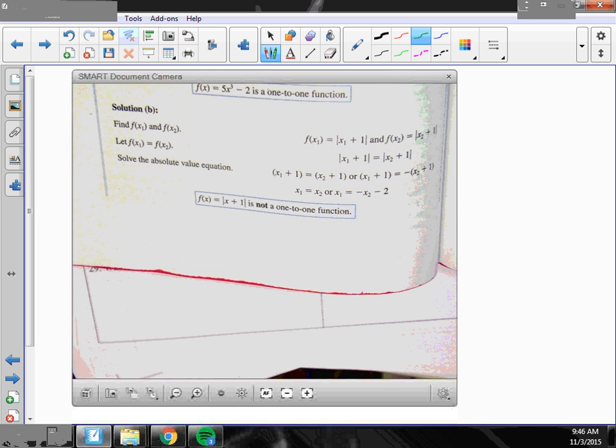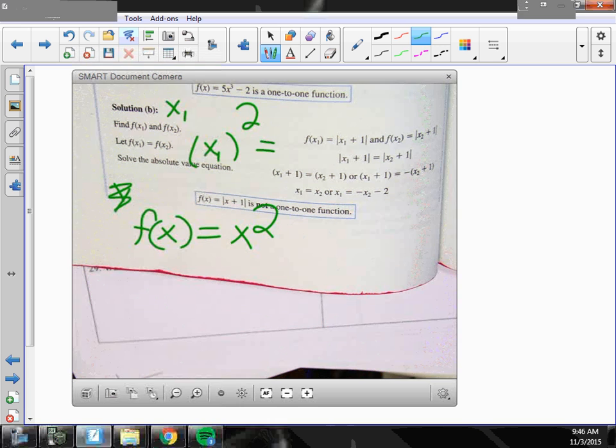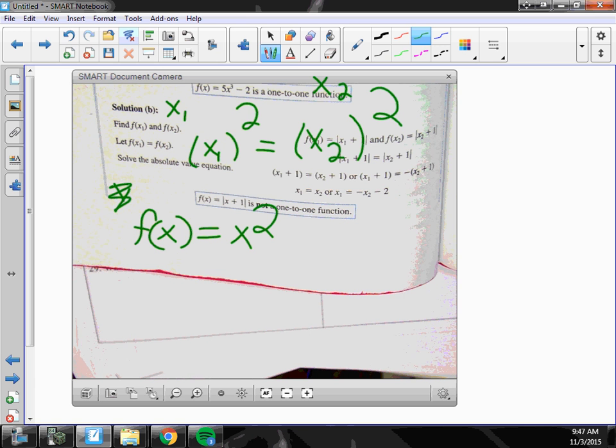Let's do an easier one. f of x equals x squared. So I'm going to plug in x sub 1. x sub 1 squared equals, I'm going to plug in x sub 2, x sub 2 squared. Now, how do I solve this?